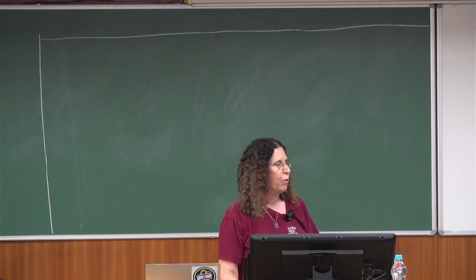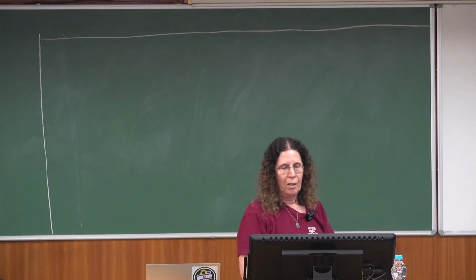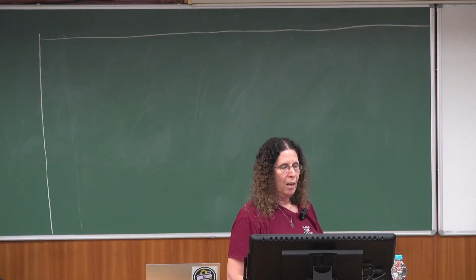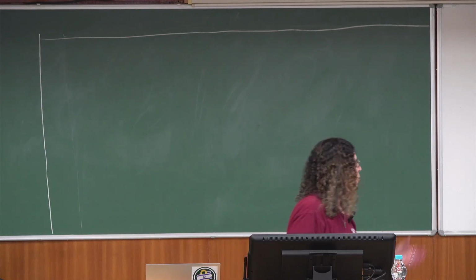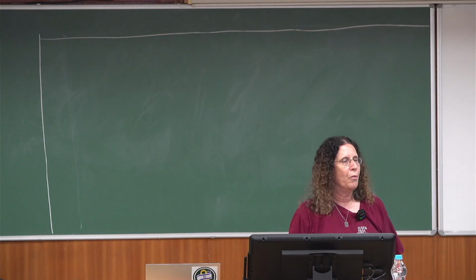It actually follows from a single particle picture. And the first stage to understand it is to solve for the energy spectrum, which are Landau levels. Okay, so this we already saw. But in addition, now I'm going to account for the fact that the electrons also have spin.